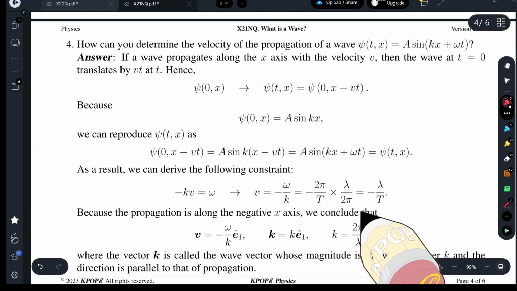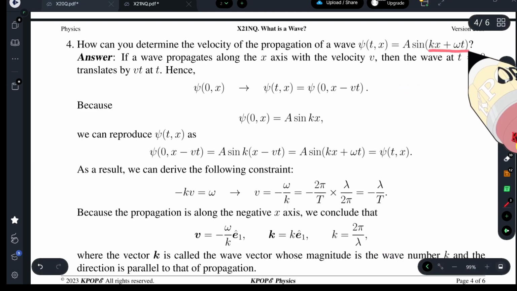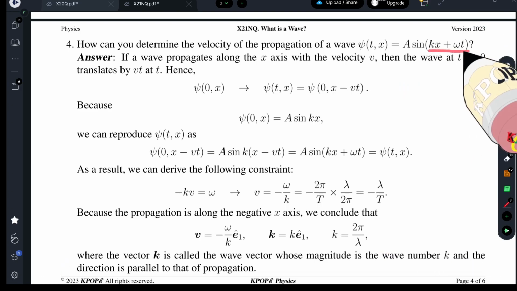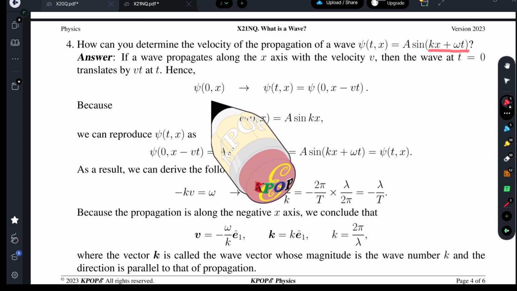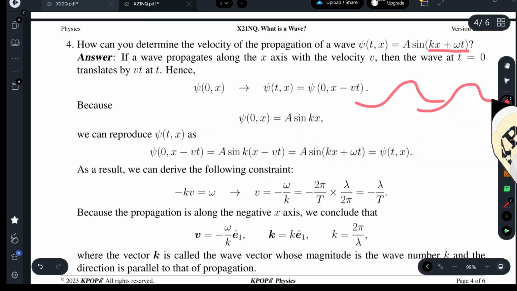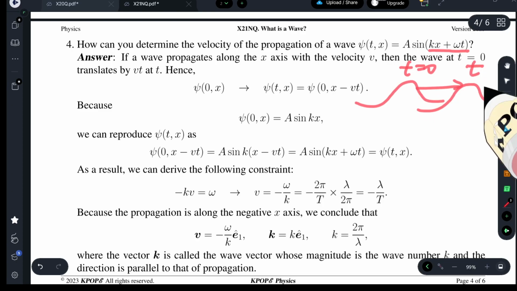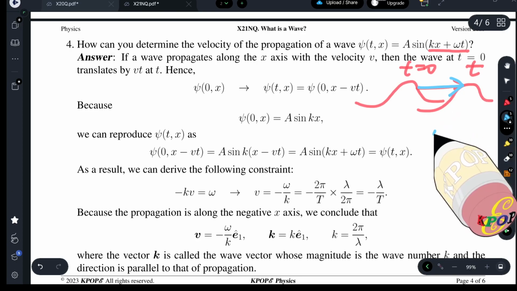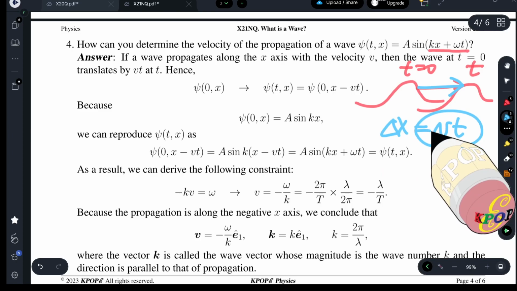Number 4, how can you determine the velocity of the propagation of a wave? Kx plus omega t. We remember that the propagation of a wave that is translating from a certain point at t equals 0 to t equals t is translated by Vt, that is the delta x.